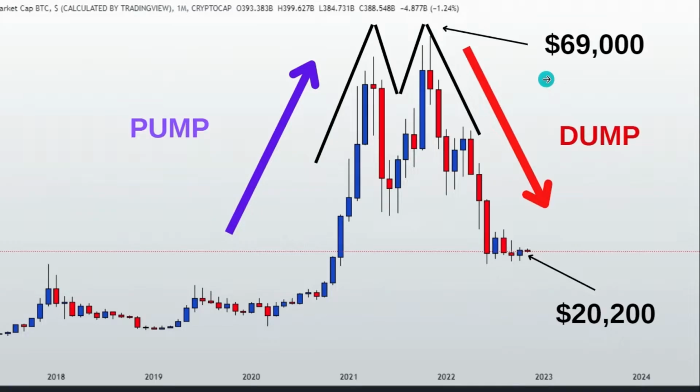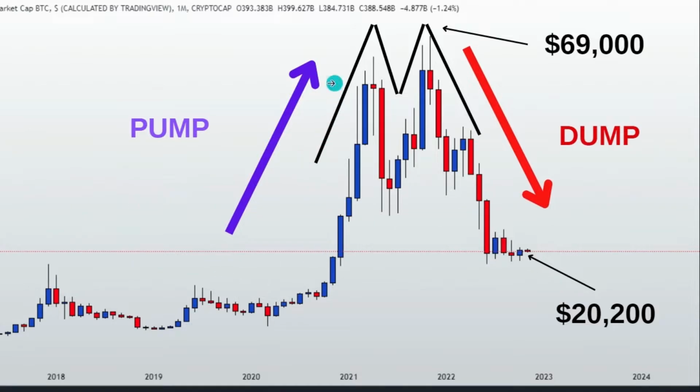So here's a picture I got from Bitcoin. This is November 3rd, 2022. You can see that before Bitcoin crashed from where it was at $69,000, it formed this double top or M formation before it crashed, right?